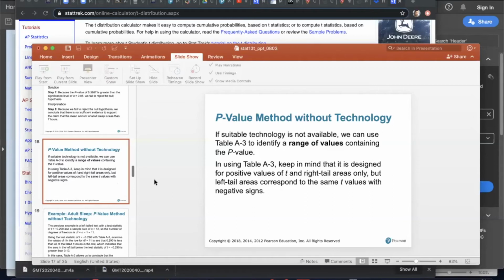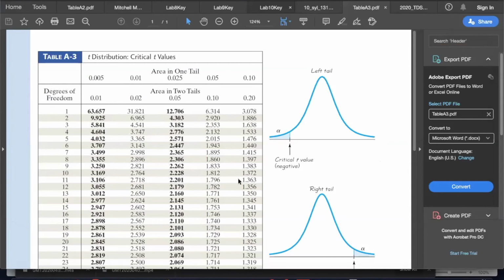Remember, we only have positive t-values in this table. In that row, it is 1.363.